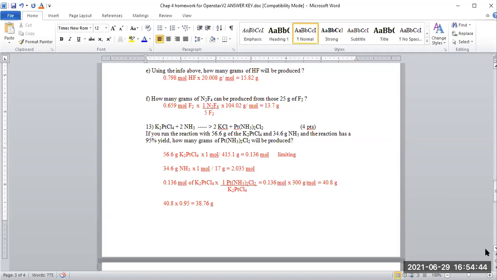And then I have a 1-to-1 ratio of both of the molecules that contain the platinum. Okay, it's one of each. And actually, I probably should have written a number 1 out in front here to make it a little more obvious. So 1-to-1 ratio there. Your mole amount doesn't change, but when I do the final step of, well, what if I had gotten 100% yield, which is my theoretical yield, I would have gotten 40.8.